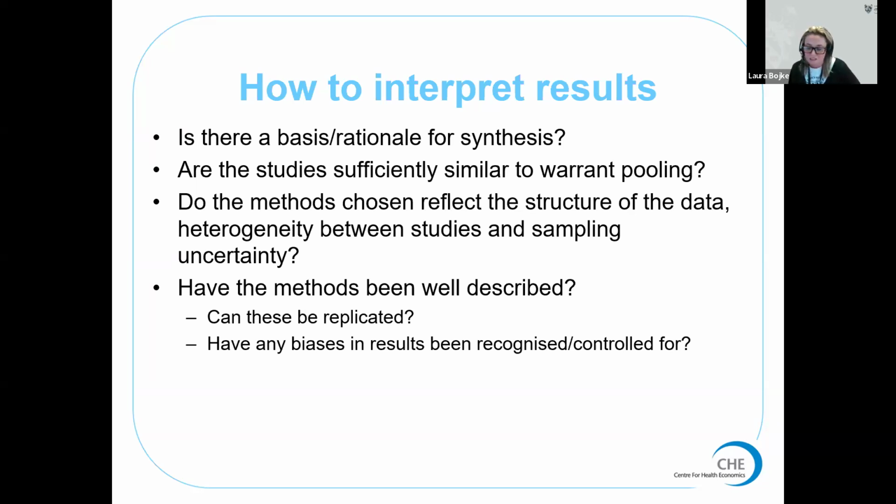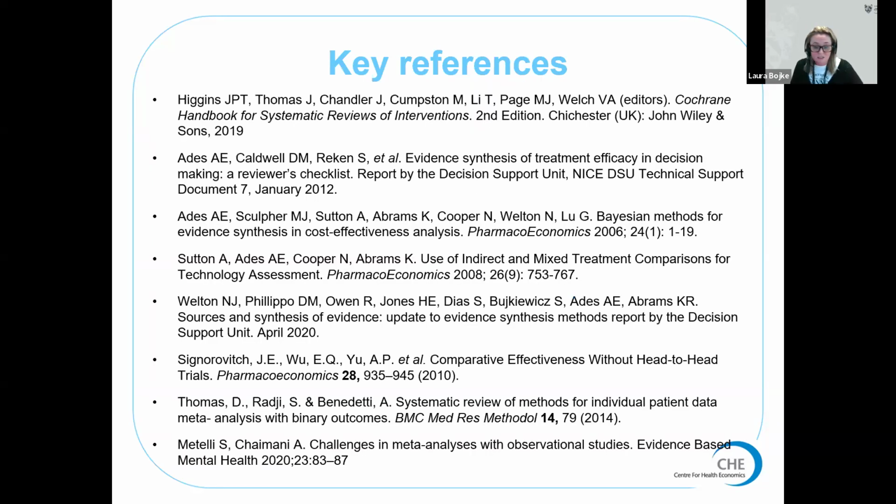So very similar to any critique of any quant analysis, we would apply those same principles to evidence synthesis. My final slide is just flashing up some of the key references in this context. There are quite a few things out there for folks interested in meta-analysis, starting with the simple case of fixed and random effects, moving on to more complex methods, and also to where you may have opportunities for individual patient data as well.